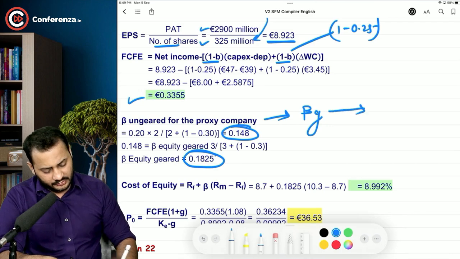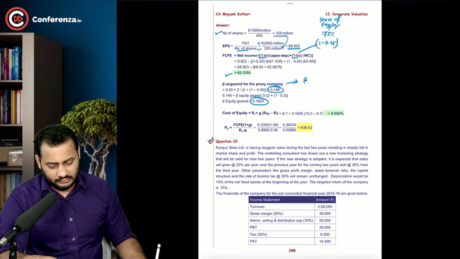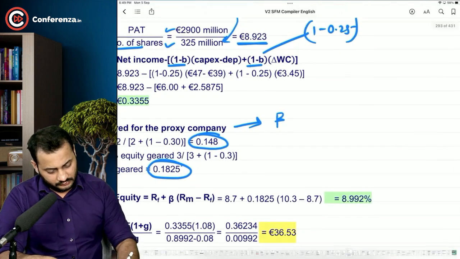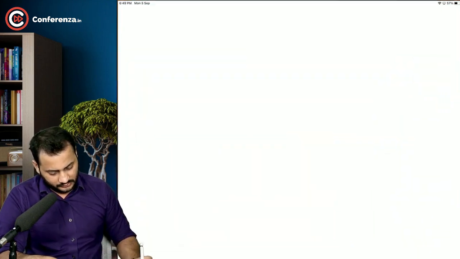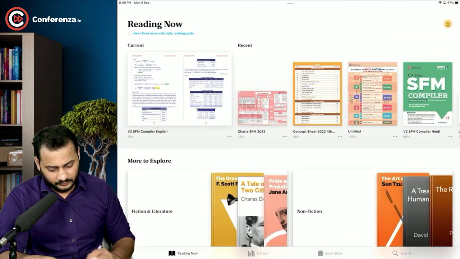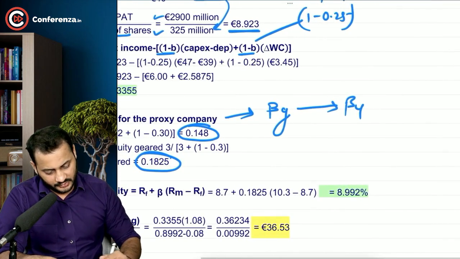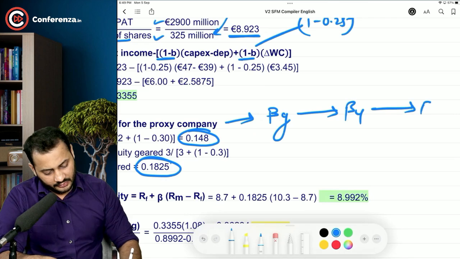Geared beta to ungeared, and again to geared.